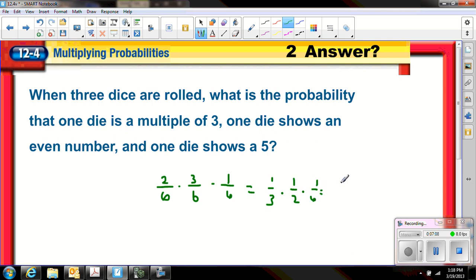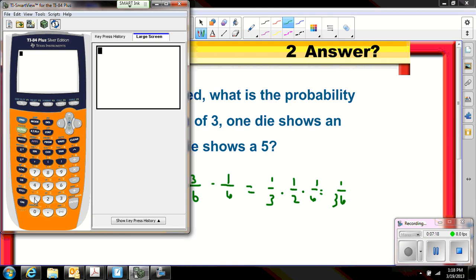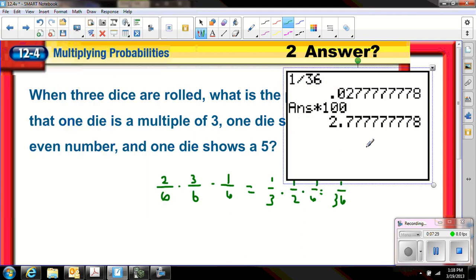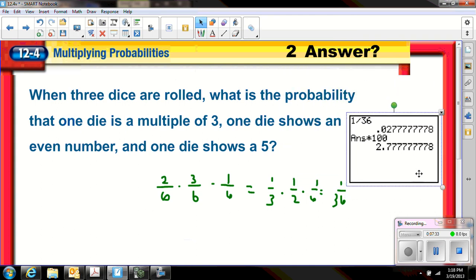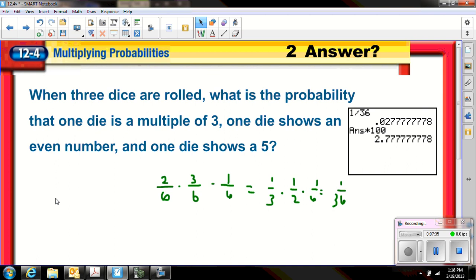So now when I multiply these together, I simply get 1 on the top, 6 times 6, 36 on the bottom. 1 out of 36 is 0.02777, or as a percentage, about 2.7% chance of this happening. It's not very likely that we're going to get a multiple of 3, an even number, and a 5 on a single roll of the dice.